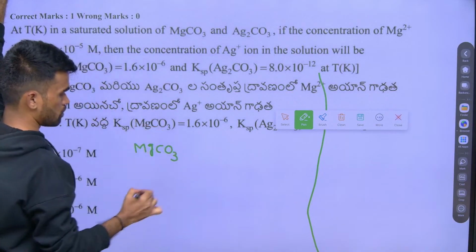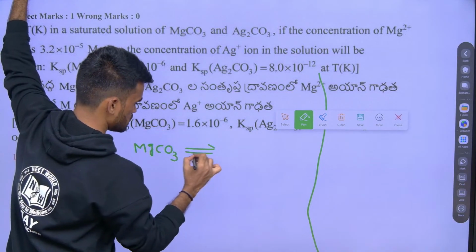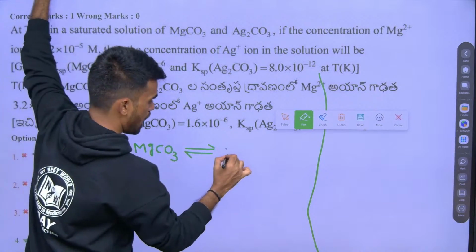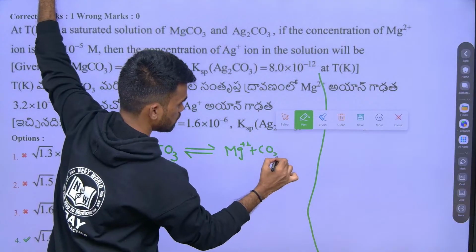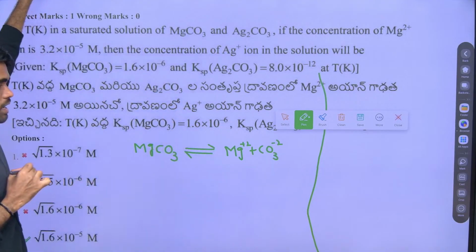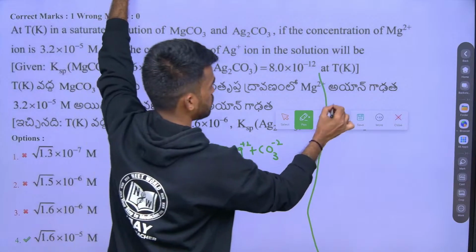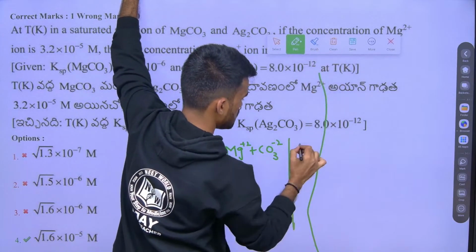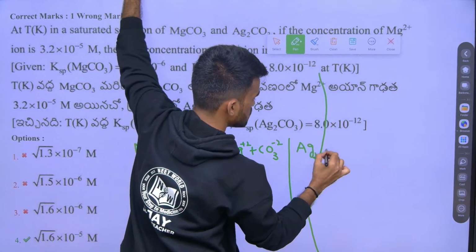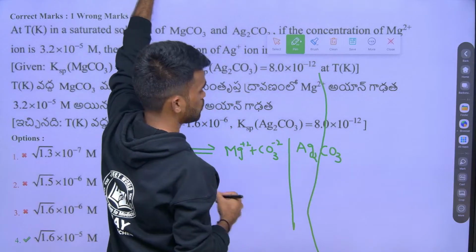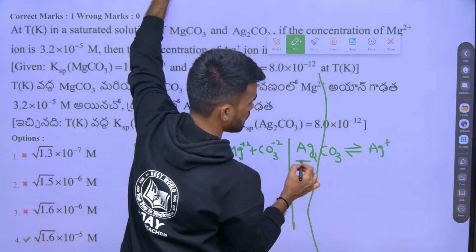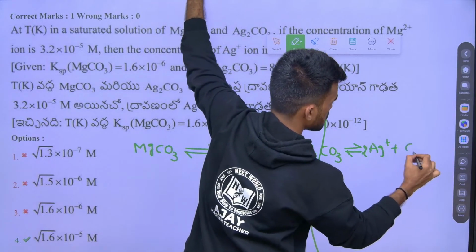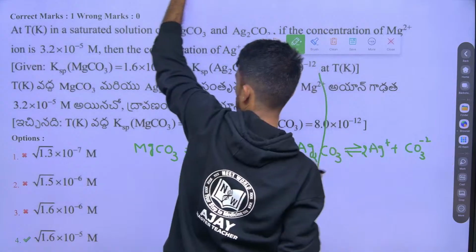A saturated solution means the salt exists in equilibrium with its ions. So MgCO3 gives Mg2+ plus CO3 2-, like this we can write. Similarly we can write for the silver salt, Ag2CO3, silver carbonate. This will have 2 silver ions, so 2Ag+ plus CO3 2-. You have to write it like this.